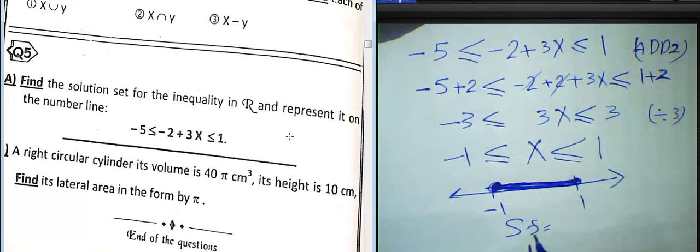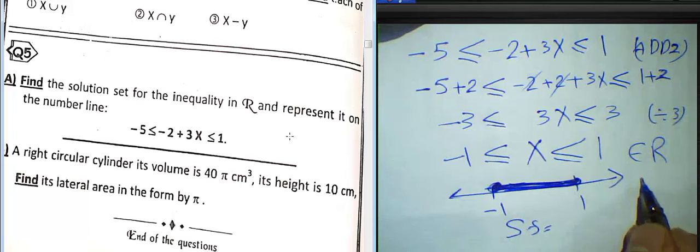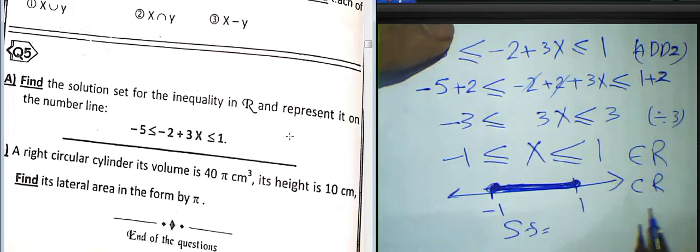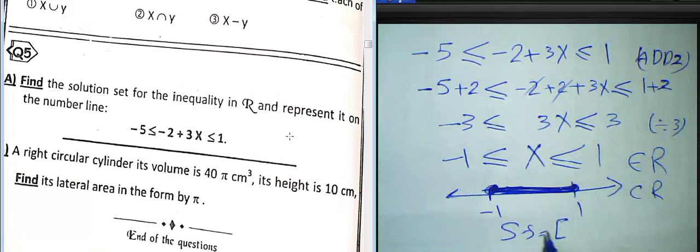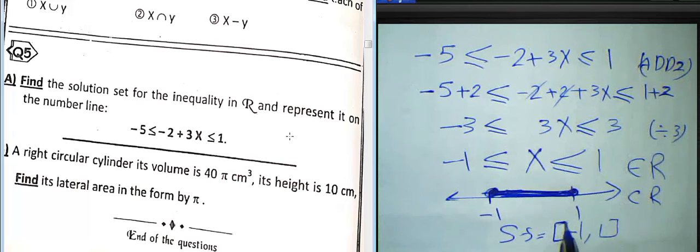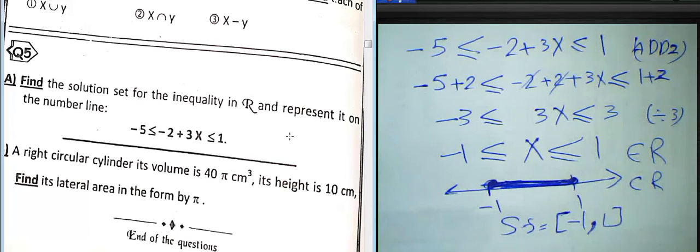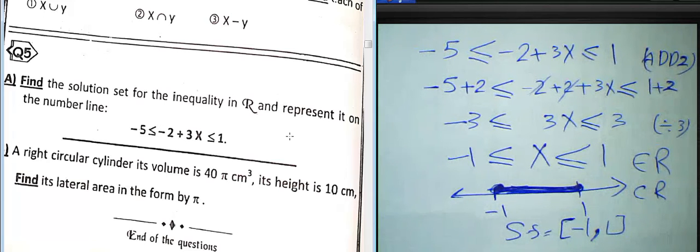So the solution set belonging to R is an interval, a subset of R, and the elements -1 and 1 belong to R. We can write this interval as the closed interval [-1, 1]. Next question here.